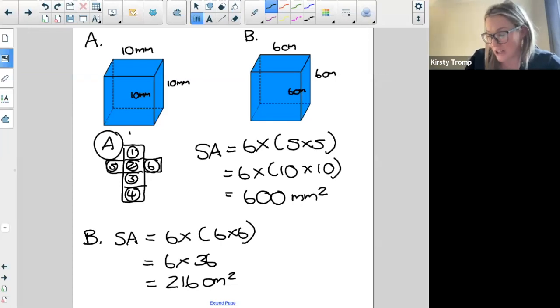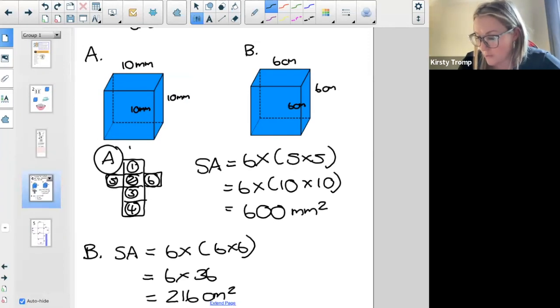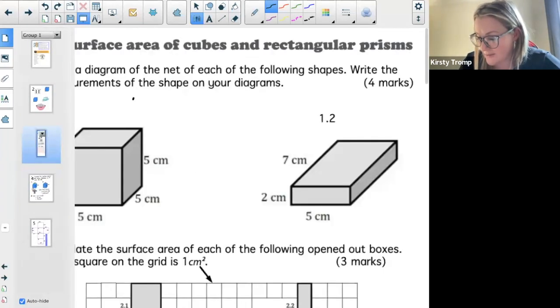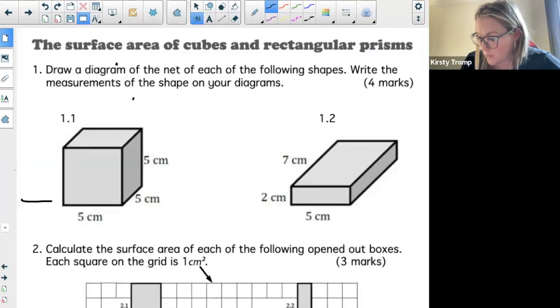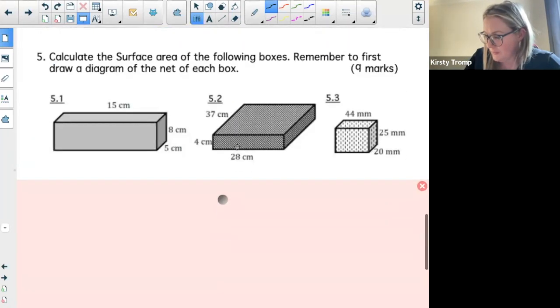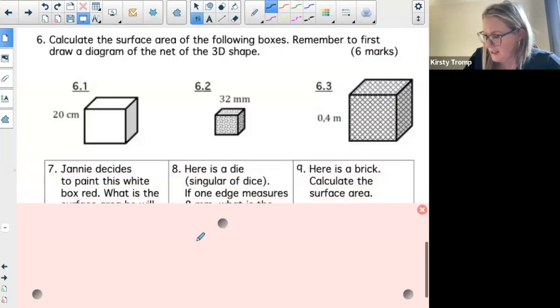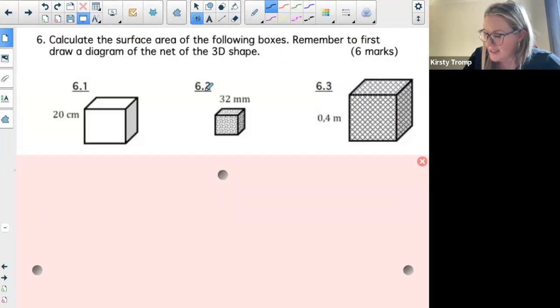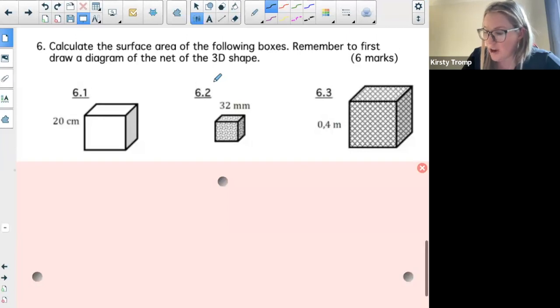Well done, Amishle. Okay, guys, let's go have a look at some more examples. If we go back to our worksheet, let's move down here. It says, calculate the surface area of the following boxes. Remember to first draw a diagram of the net of the 3D shape.